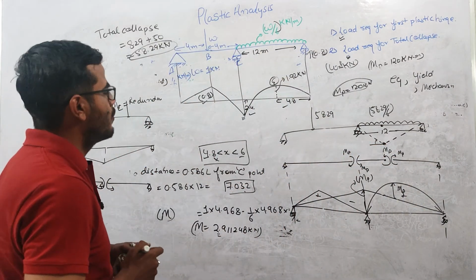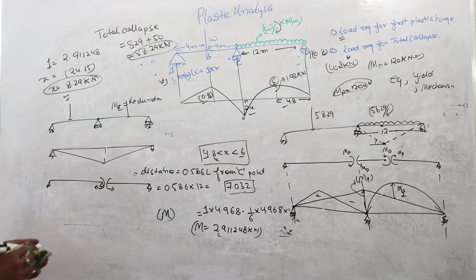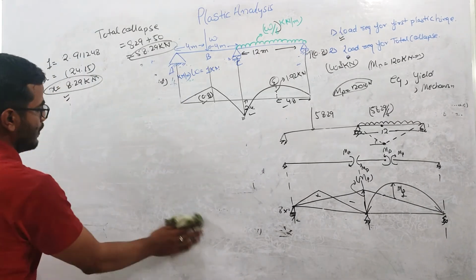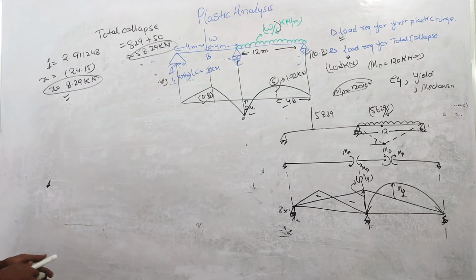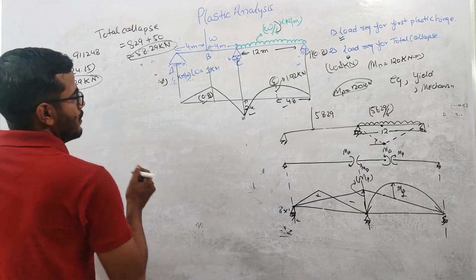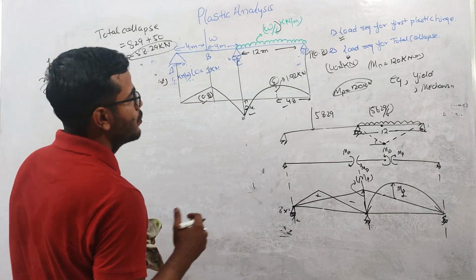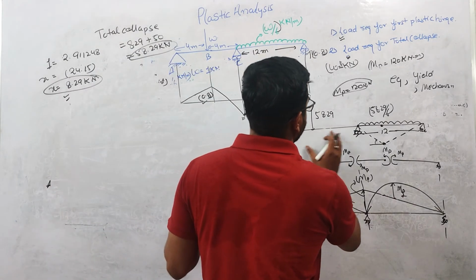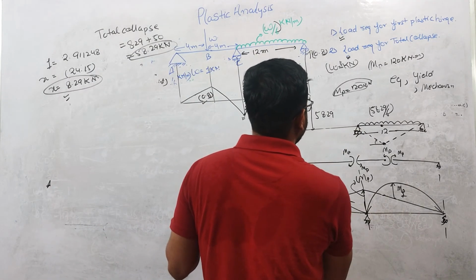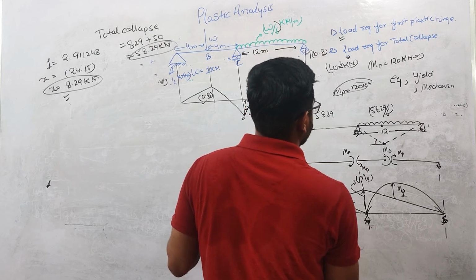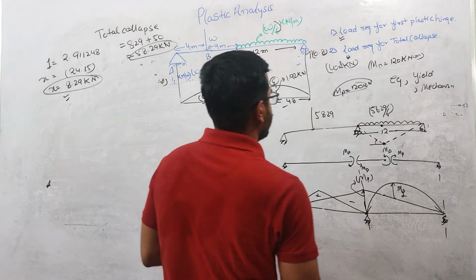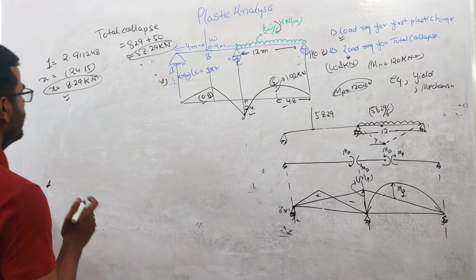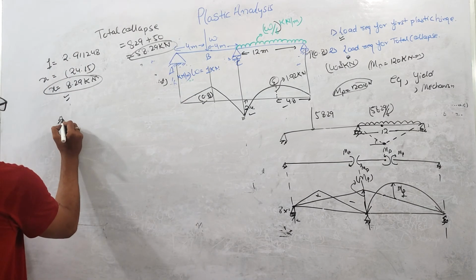Mechanism is satisfied because two plastic hinges are formed. And for the equilibrium equation, let us discuss that also. For the equilibrium condition, first you calculate the reactions due to these two forces. Now let us check the equilibrium condition for this.